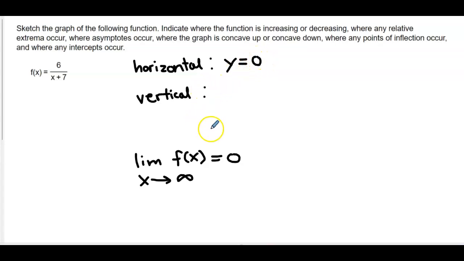The vertical asymptote is going to be the input such that the function is either approaching positive or negative infinity. So is there a value of x such that as x gets closer to that value, we'll just call it a, the function either gets infinitely large or infinitely small.